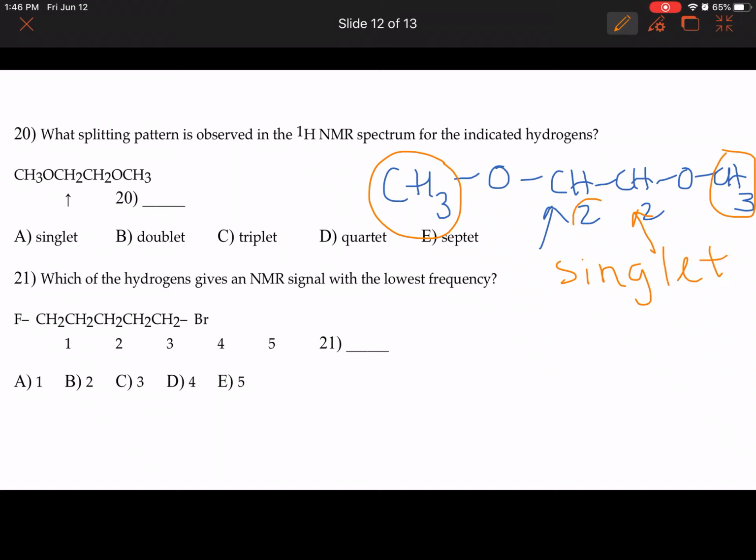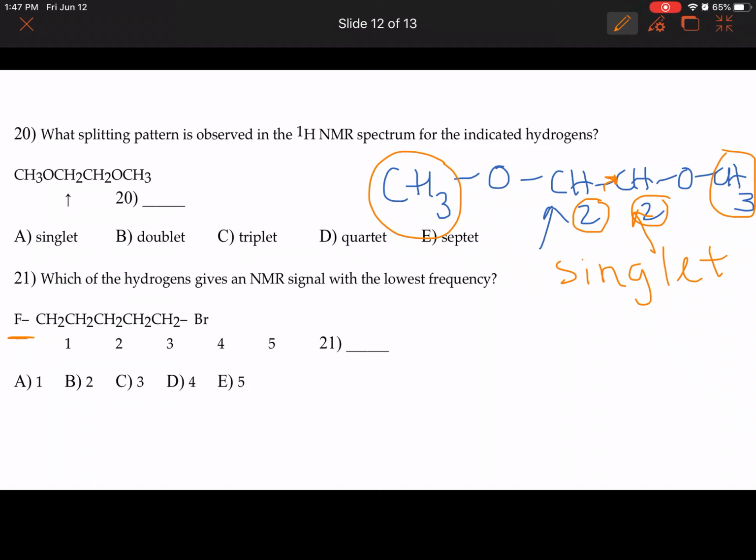So as a result, those hydrogens would end up being a singlet. You would expect these two hydrogens to split due to the neighboring hydrogens to a triplet, and then these two could split due to two hydrogens on the neighboring carbon to a triplet. But since they are in the same environment, they do not split each other. They would only give us a singlet. Okay, so the correct answer is A, a singlet.